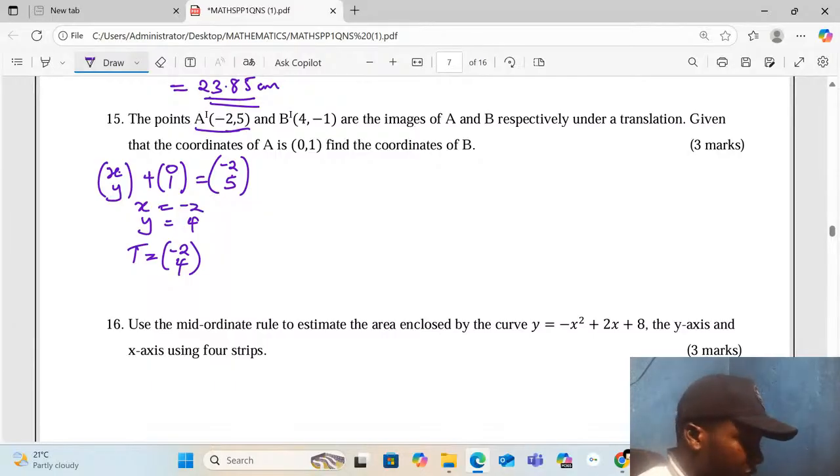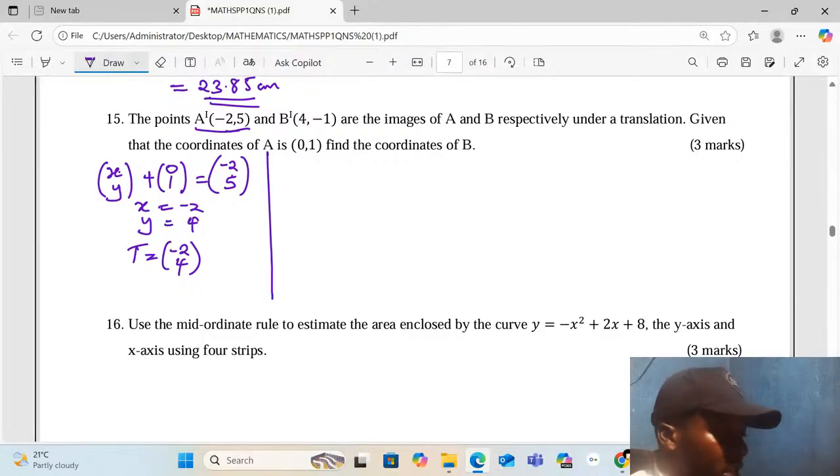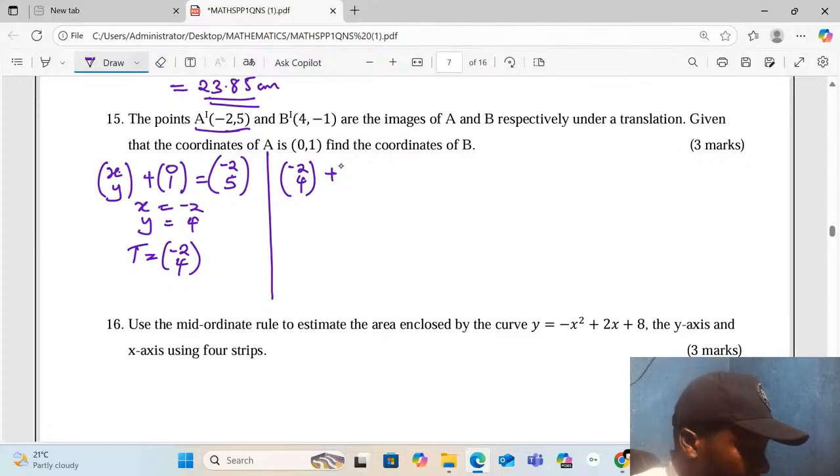So we can use the same translation to find the object of B. Now we have the image of B and the translation. The translation (-2, 4) plus the object, which we don't know, so let's call it (a, b), must give us the image, which is (4, -1).